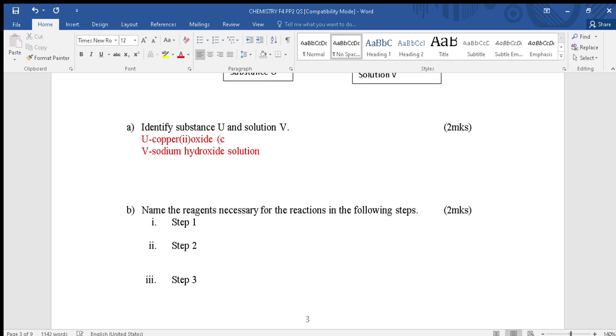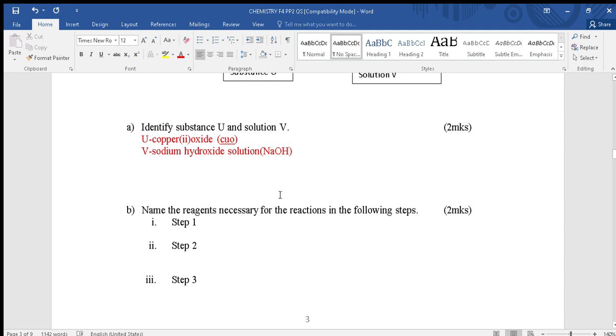You can just write copper 2 oxide, CuO. And then sodium hydroxide, you can also just write it in formula. Okay, so that is important.